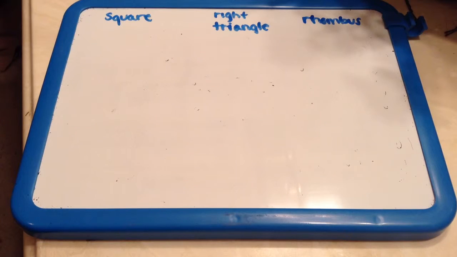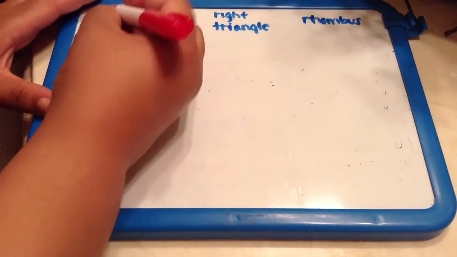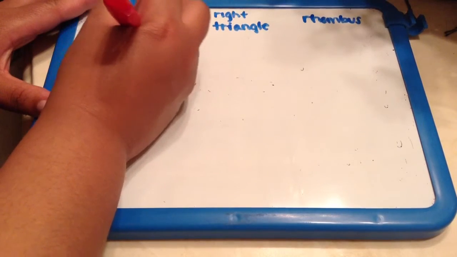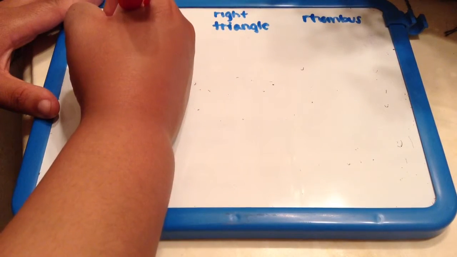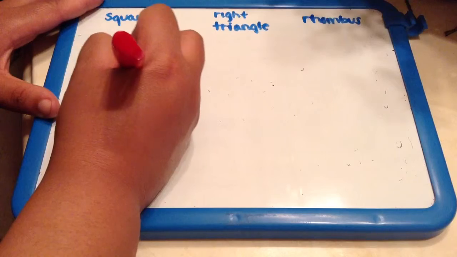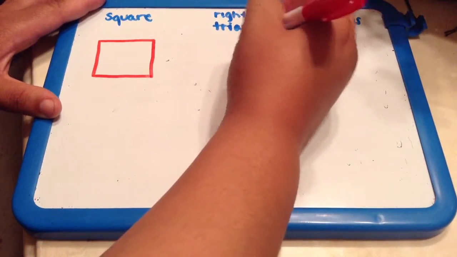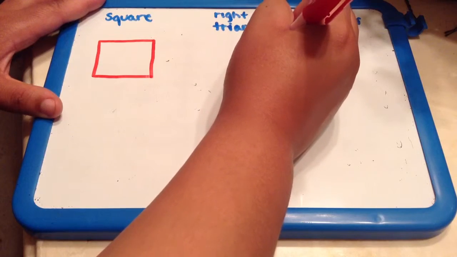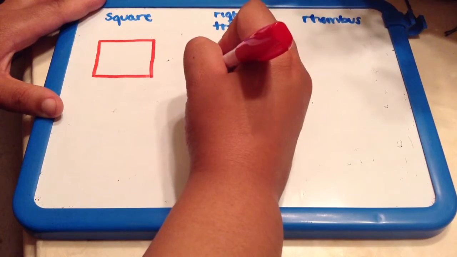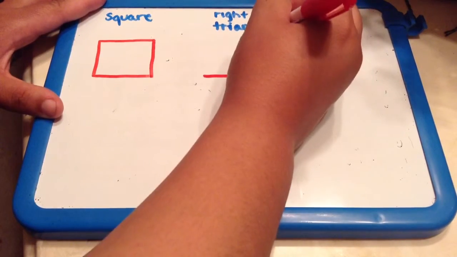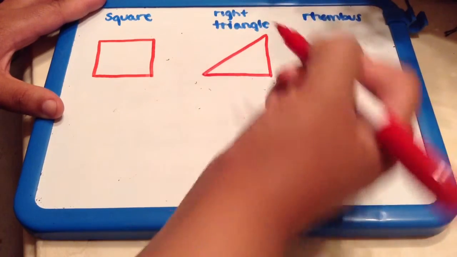A level 1 student would also draw these shapes. This is a right angle triangle.